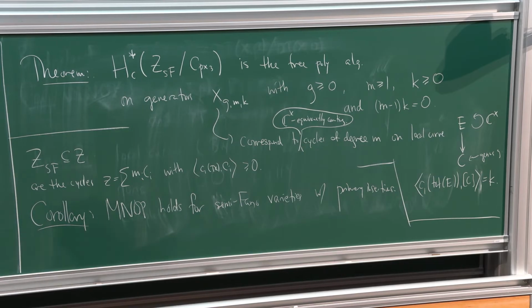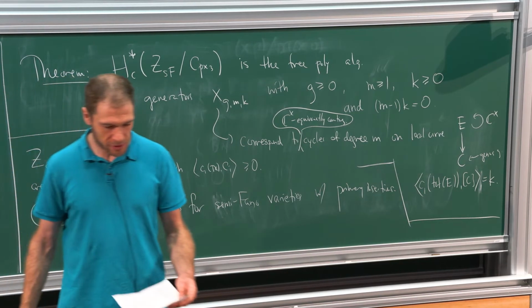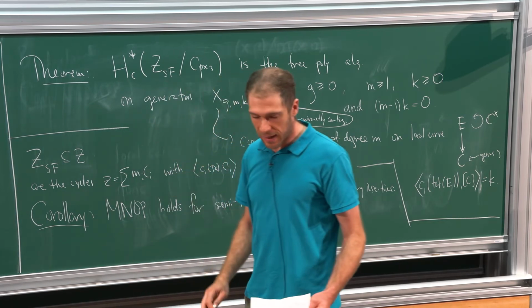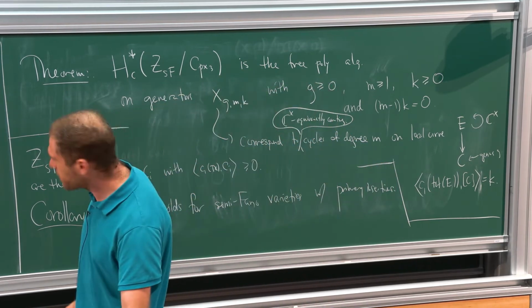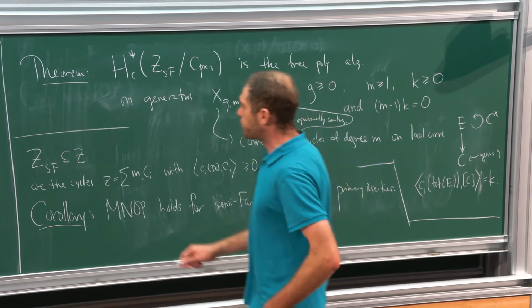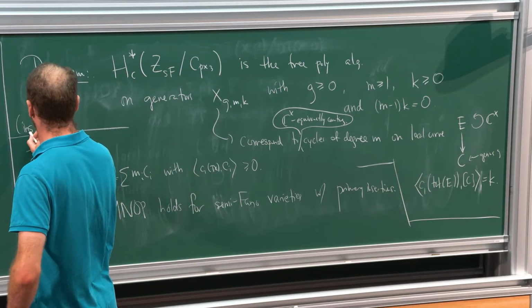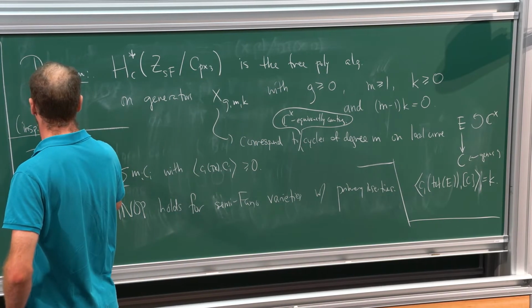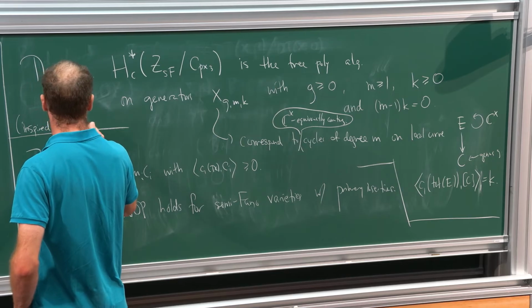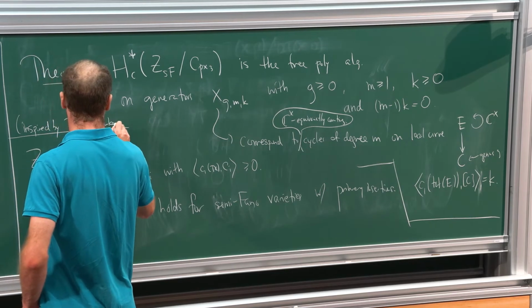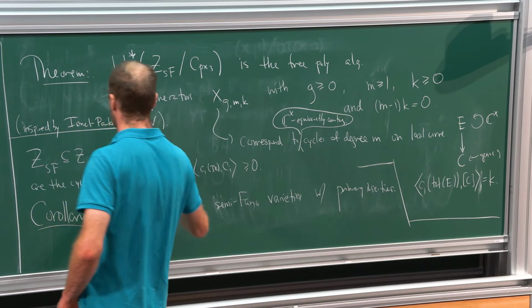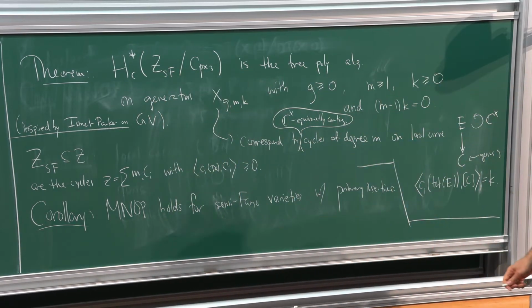Okay, so the first thing to say about the proof of the theorem is that it's very much inspired by the work of Ionel and Parker on the Gopakumar-Vafa integrality conjecture.